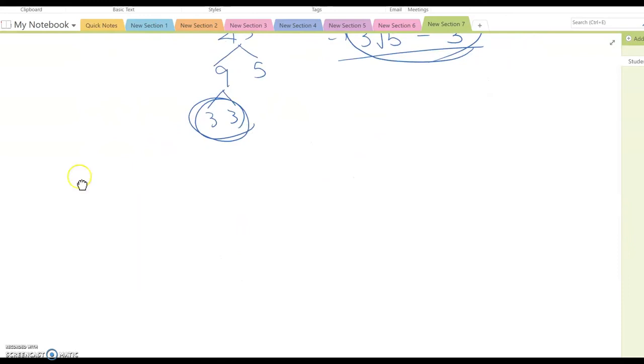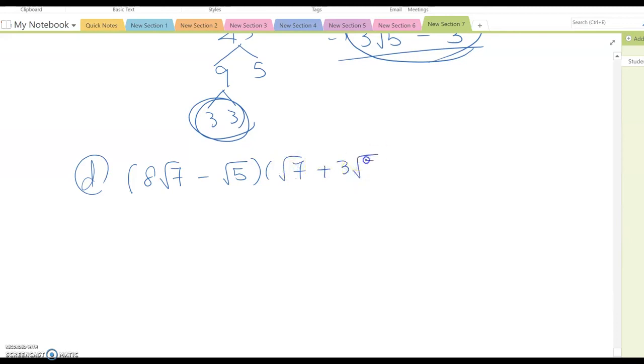What about the D case? 8 root 7 minus root 5 times root 7 plus 3 root 5.